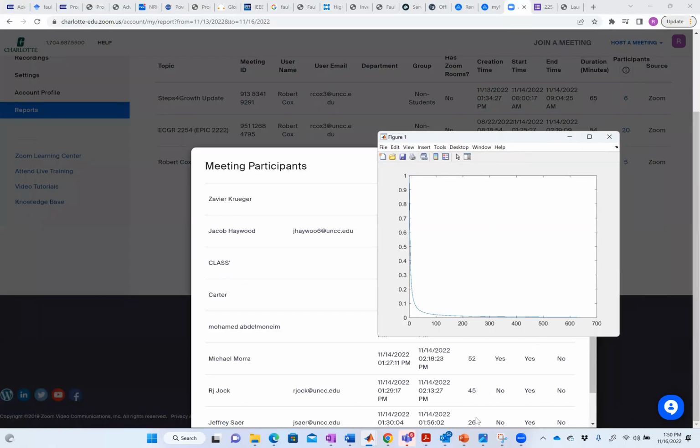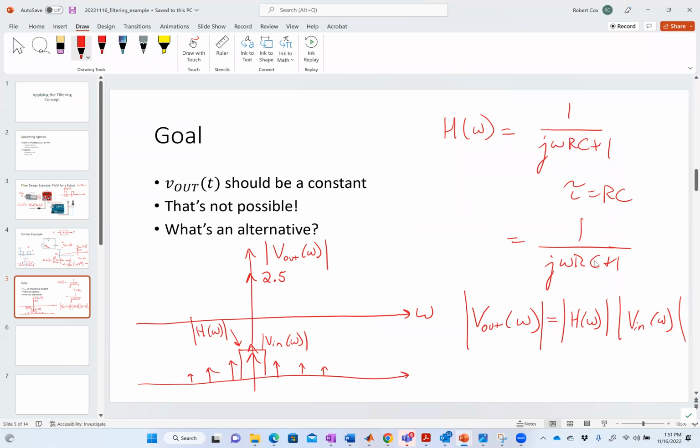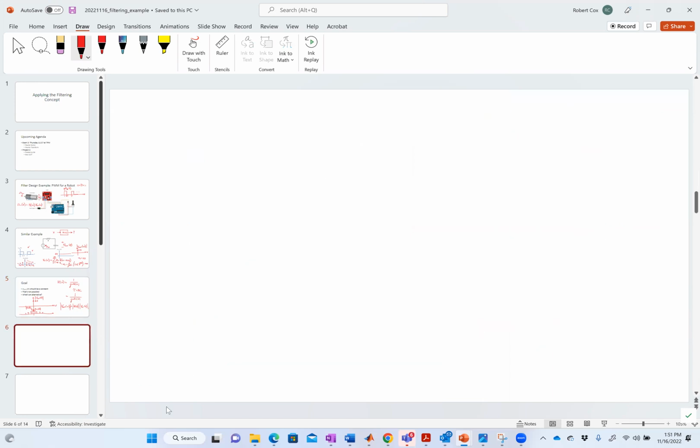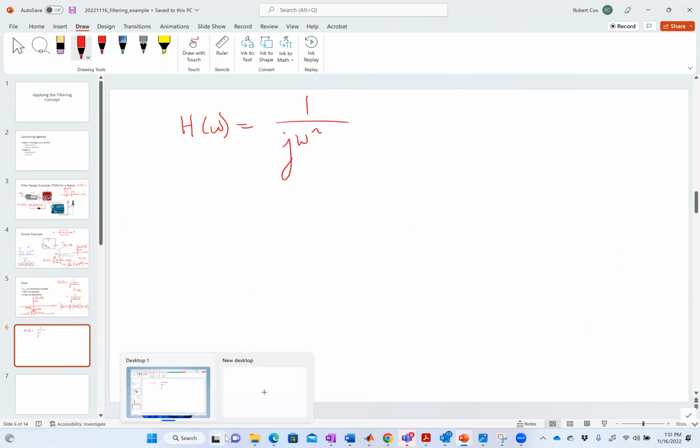If I look at where is it, here's my H of omega. If I asked you to tell me what is the magnitude of that, you should be able to give me an expression without going to MATLAB. 1 over j omega tau plus 1. How can I get a function for the magnitude of H of omega?